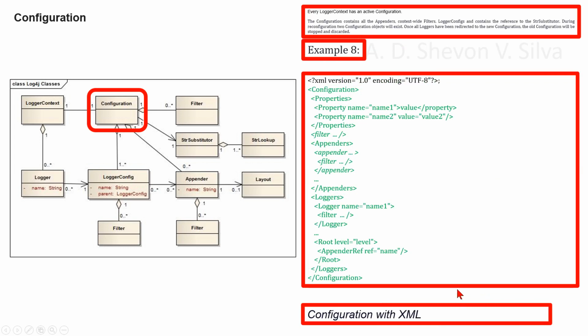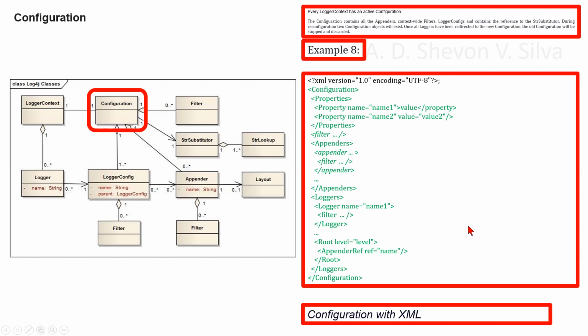As an example, we are considering configuration with XML. Log4j can be configured using two XML flavors, concise and strict. This is concise. The concise format makes configuration very easy, as element names match the components they represent.